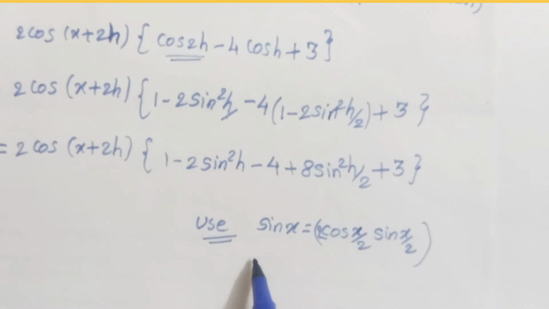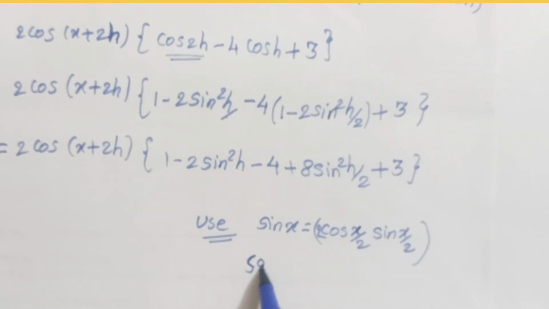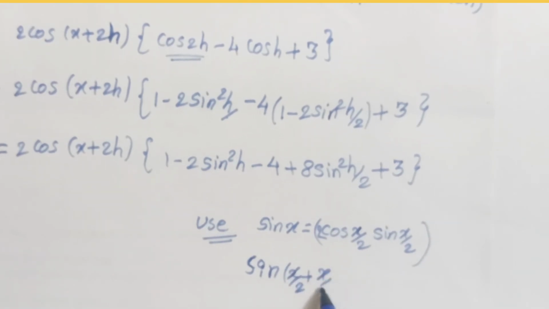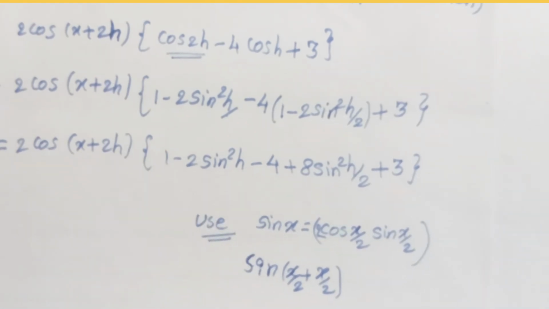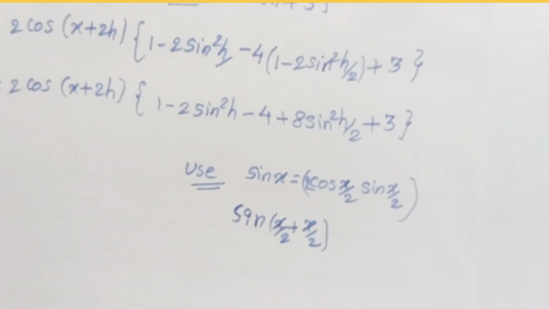Actually, this formula comes from the sin (a plus b) formula, that is, if we write x as x by 2 plus x by 2 and apply the sin (a plus b) formula, then we get this term. Now if we use this formula here, then we get the angle of sin is h by 2.